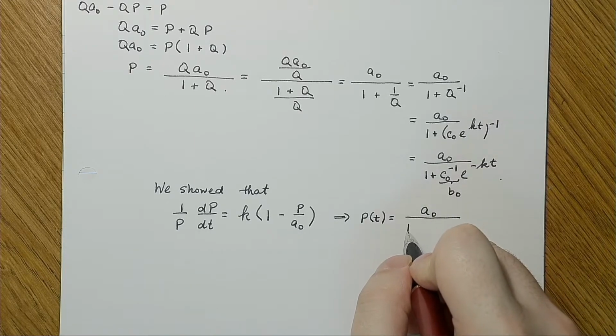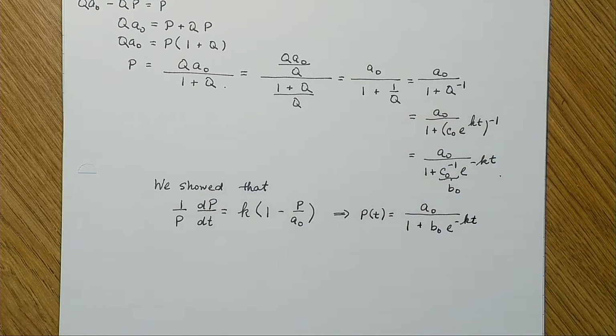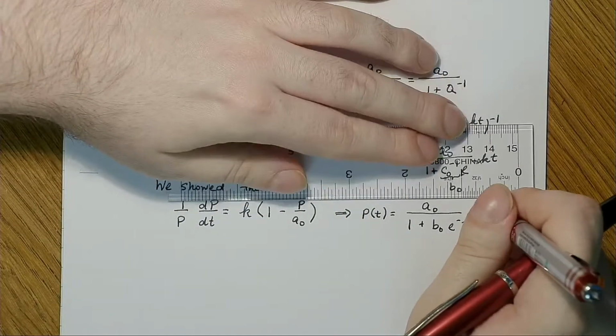So 1 plus b naught e to the minus kt. So there's the formula.